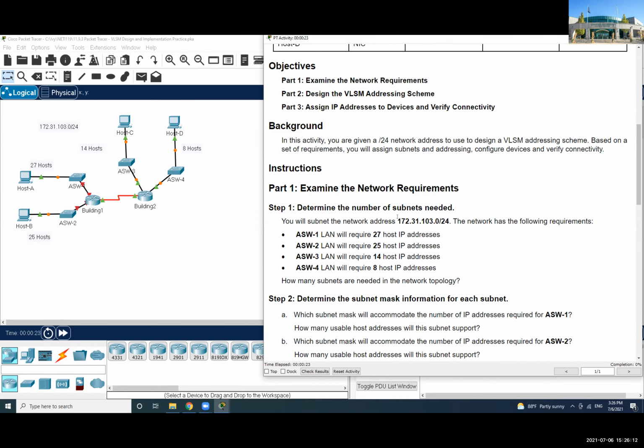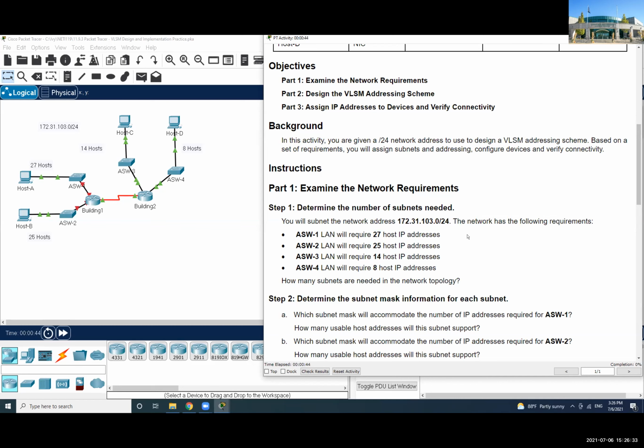This one is already the network address. But when I give it to you, I don't give you the specific network address. You have to pick it out. For this one, it is the network address of the /24 here. Now you have to break it down into /27, /25, and /14 and /8 here, right?